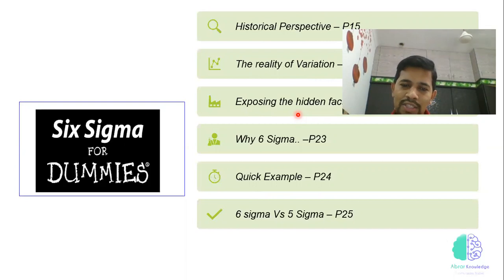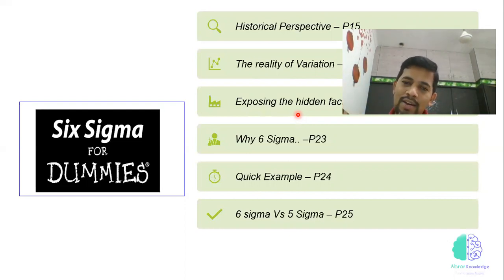And then the last thing it talks about is Five Sigma and what is the difference between Five Sigma and Six Sigma. It also covers what happens if the sigma is 3.8 sigma, which means the accuracy of the product or services will be 99 percent. If it is Six Sigma, you all know that the accuracy is 99.99964 percent.